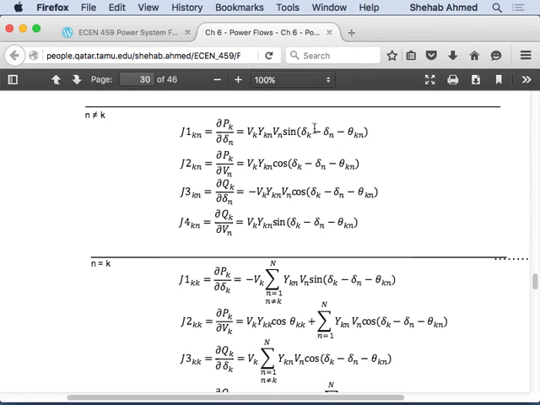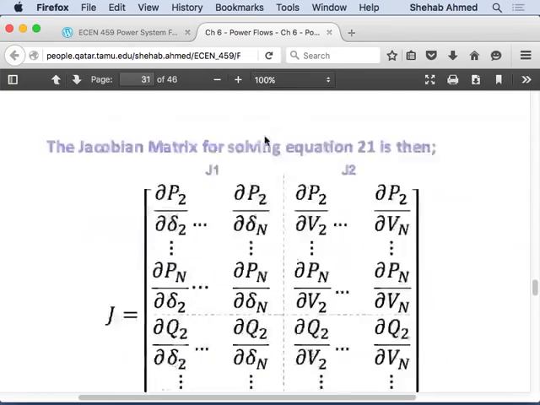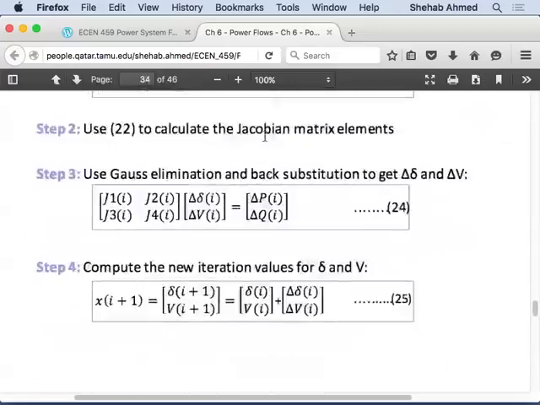This equation means you're going to have Vk, so this is going to be V2, Y24, V4, sine of delta 4 minus delta 2 minus the angle of the admittance between bus 2 and 4, right? So it's a single element that you have to calculate.